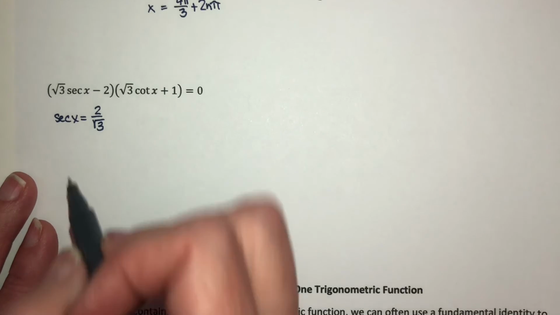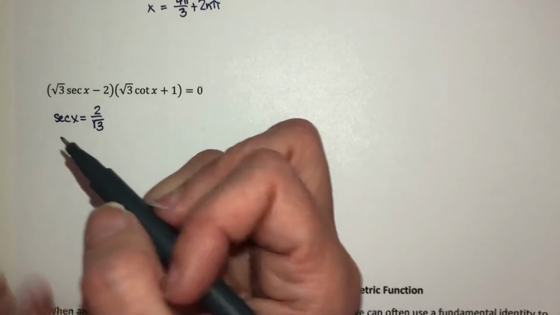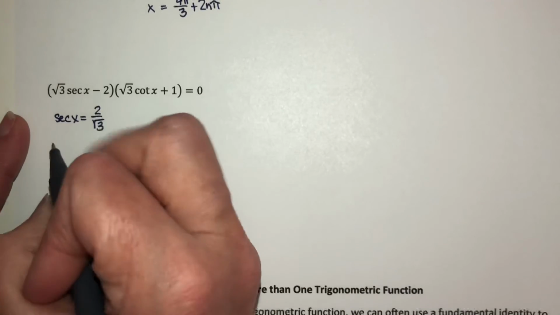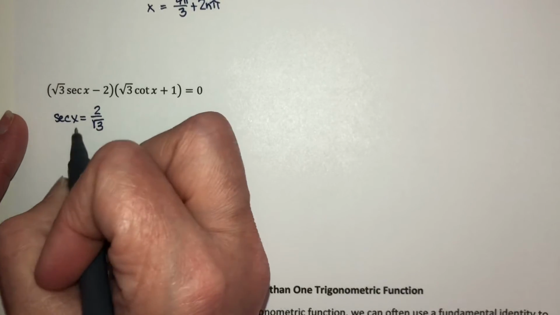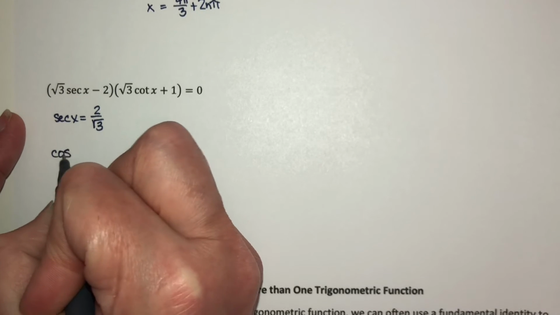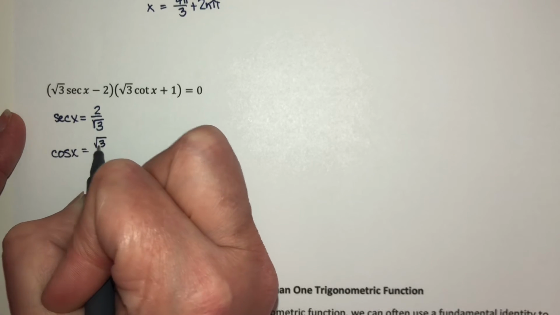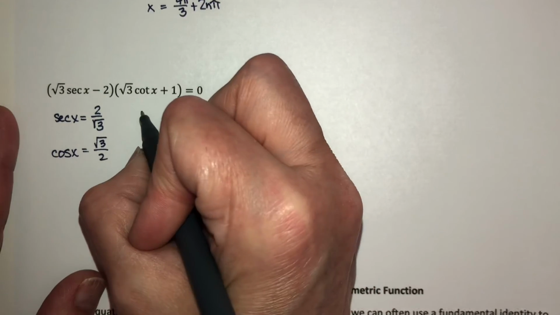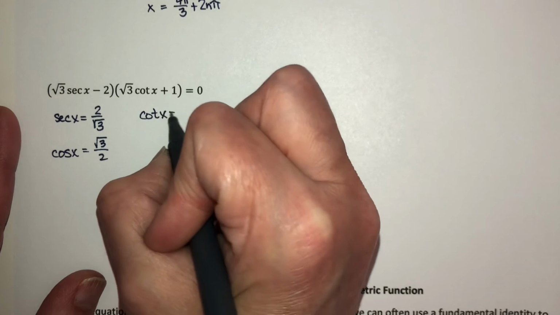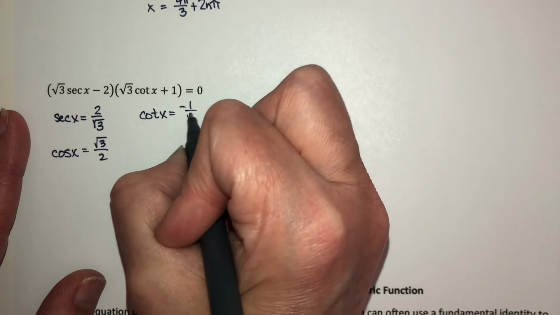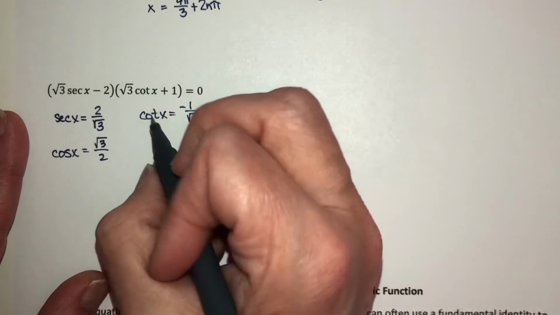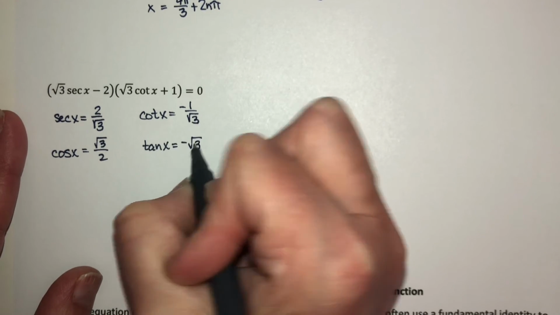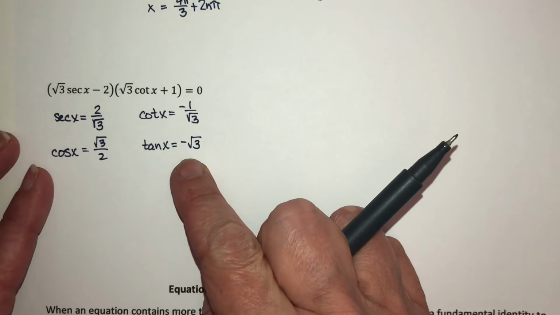And I could rationalize this, but since I want to use sine, cosine, or tangent, I'm just going to go on and say that this means cosine of x is equal to the square root of 3 over 2. This would mean that cotangent of x is equal to -1 over the square root of 3, which means that tangent of x is equal to the negative square root 3. So these are the two equations I really need to solve.